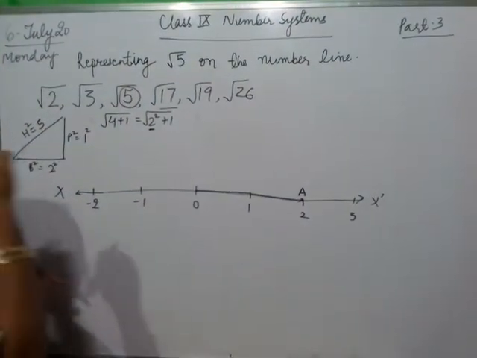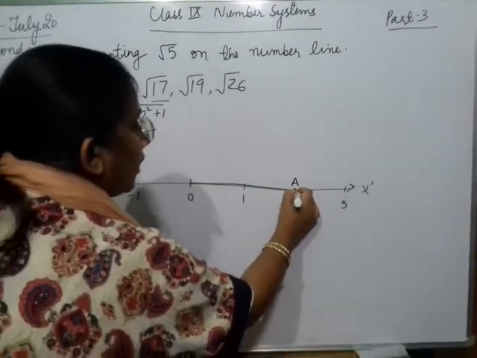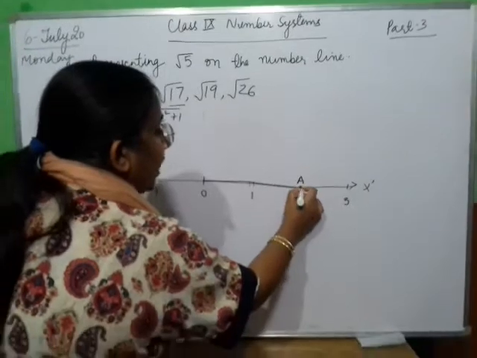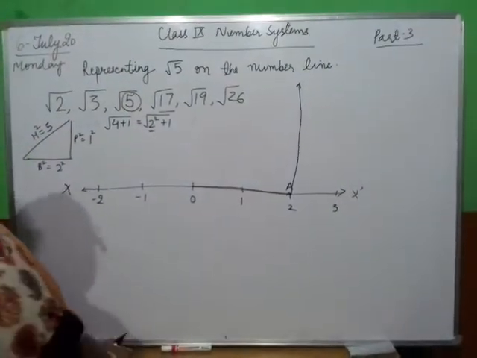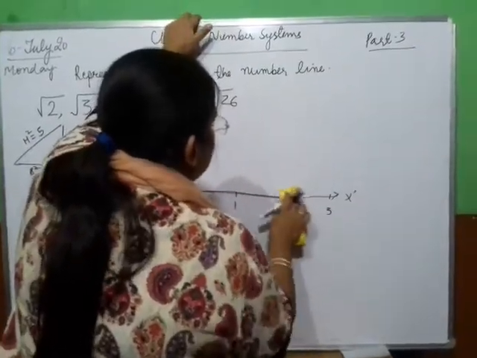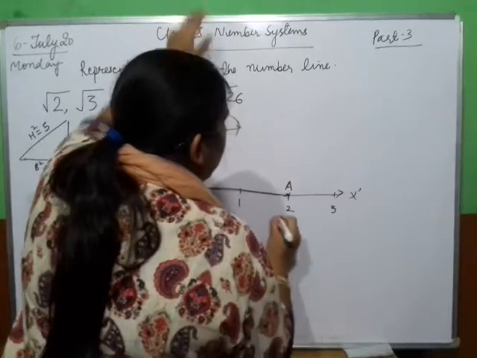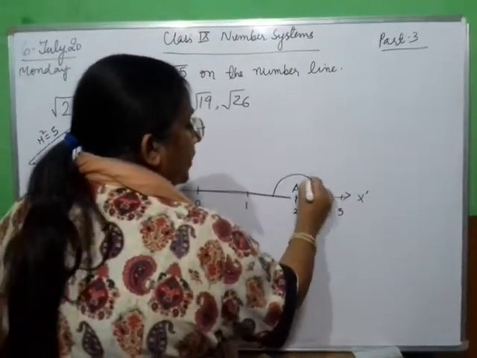Now with A as center, we will draw an angle of 90 degrees. I am making it directly. You have to make this angle of 90 by protractor, or basically by compass. From this center A you will draw an arc of any radius.